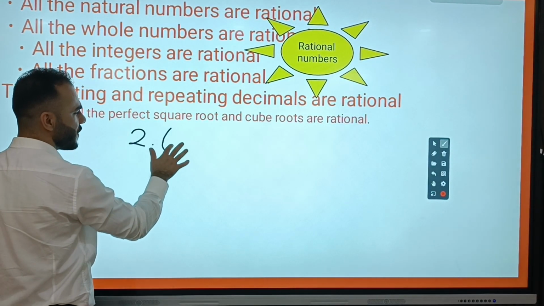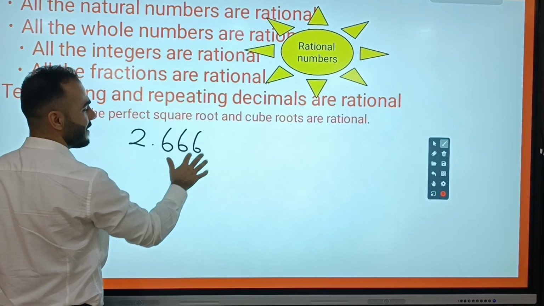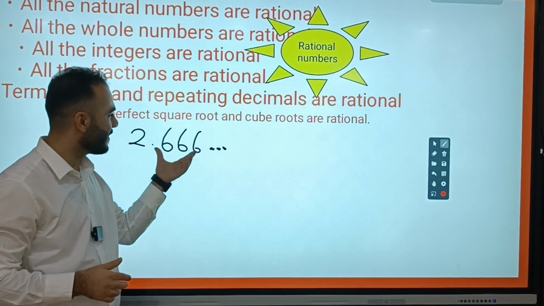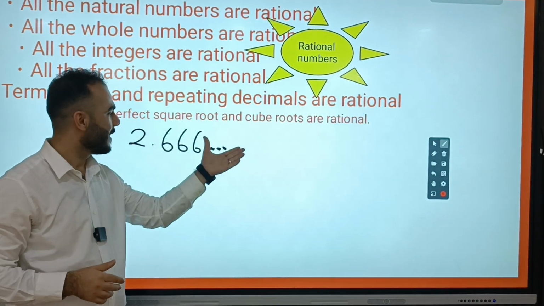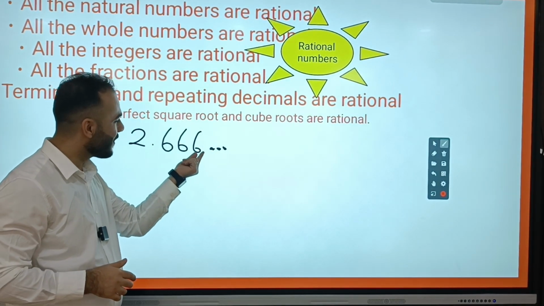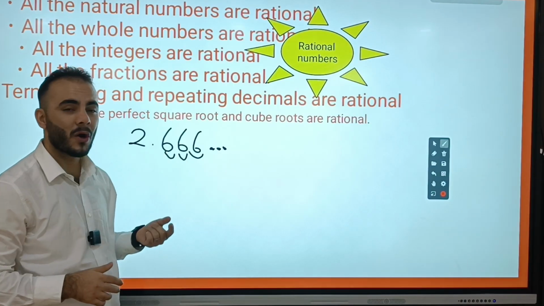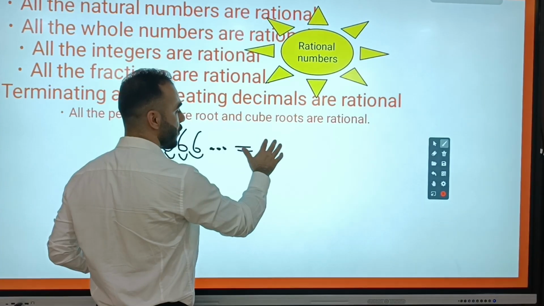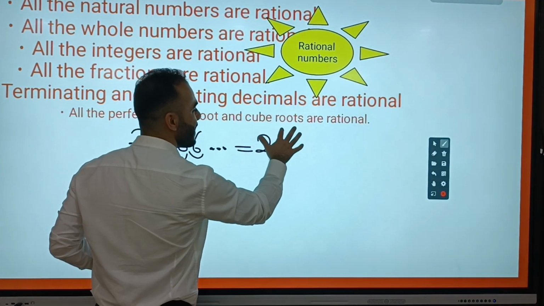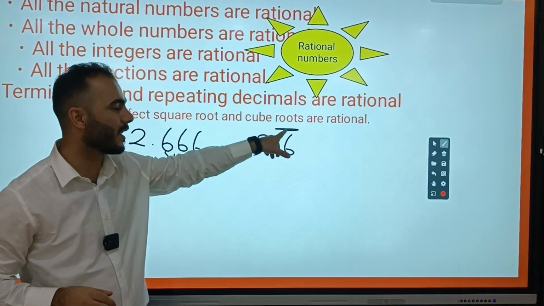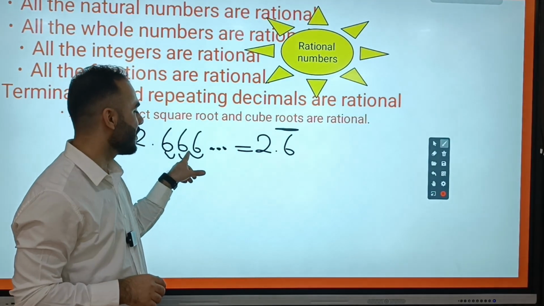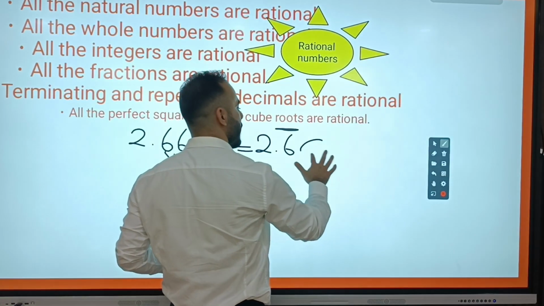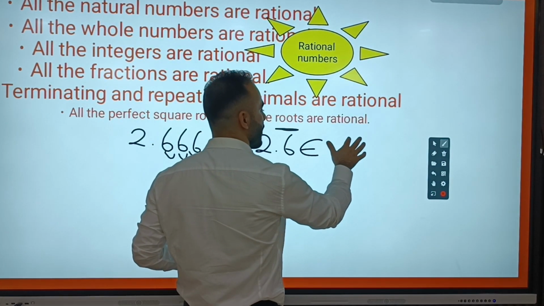Imagine if you have 2.666 and this 6 is repeating. There are 3 dots here. So these 3 dots tell us that this decimal continues endlessly, but the decimal part is repeating. Whenever we have this kind of case, by the way, you can show it in this way as well, 2.6 with a bar line over this 6. So this line displays that this 6 is repeating. Okay, so all the repeating decimals are members of rational numbers.